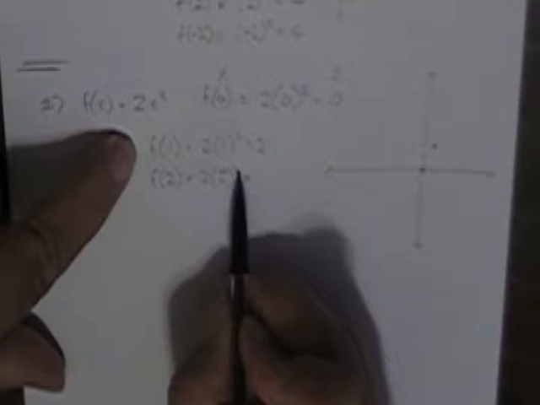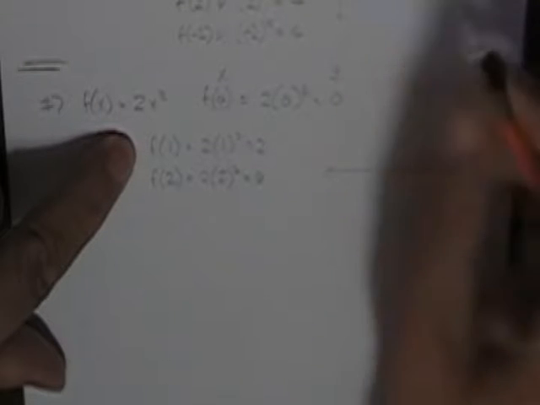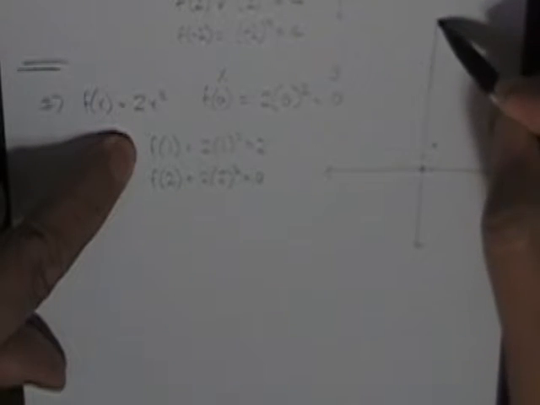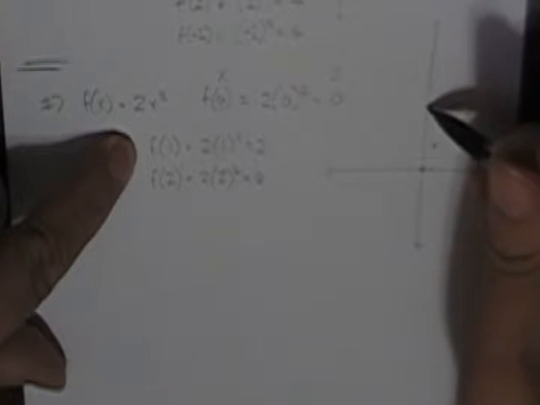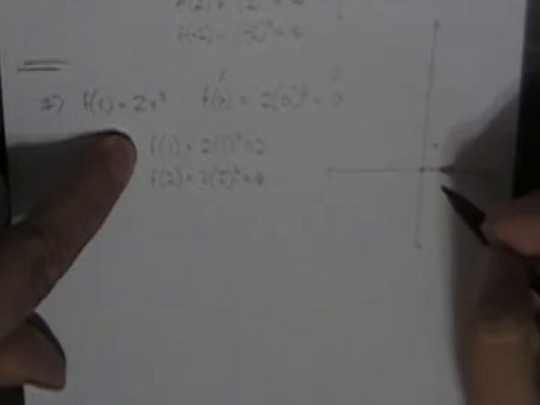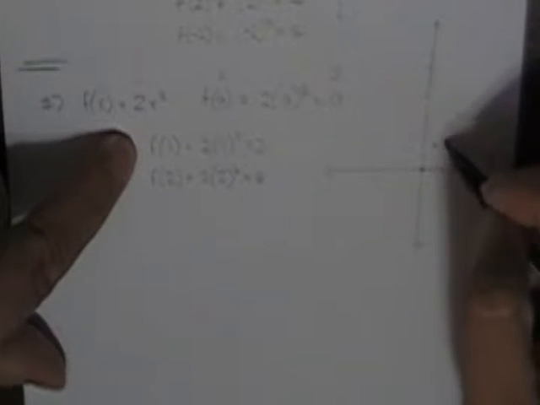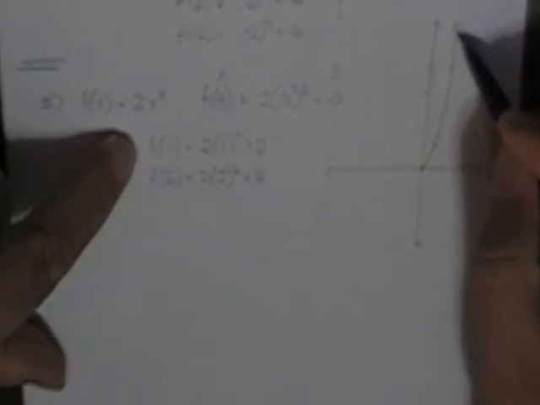So 2 squared is 4, times 2 is 8. I think I'm going to run out of room on my graph here, so let's extend this upwards a bit. So there's 2, 4, 6, there's 8. If I have 2 on the x-axis and 8 on the y-axis, well, there's part of my graph.